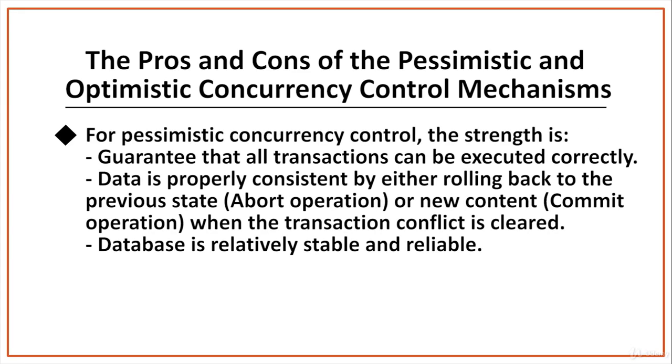For pessimistic concurrency control, the strength is the guarantee that all transactions can be executed correctly. Data is properly consistent, by either rolling back to the previous state, the abort operation, or new content, the commit operation, when the transaction conflict is cleared. Database is relatively stable and reliable.